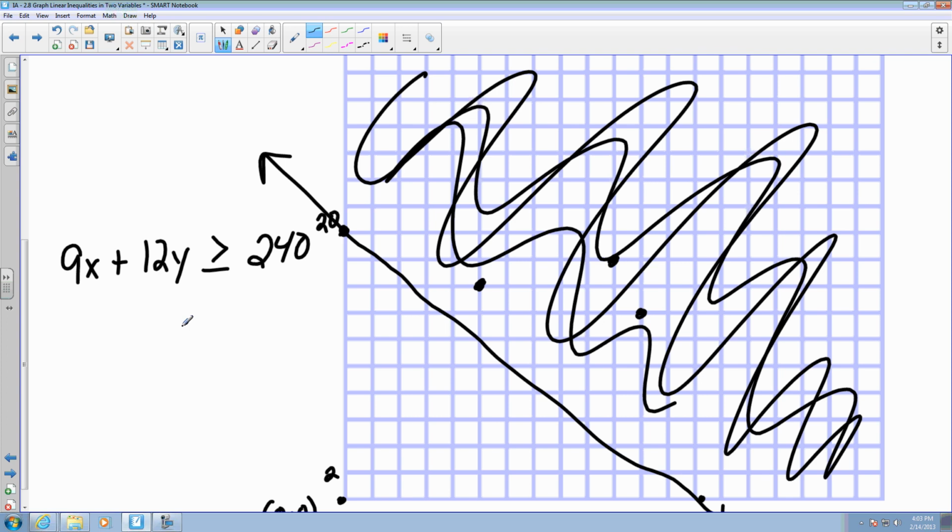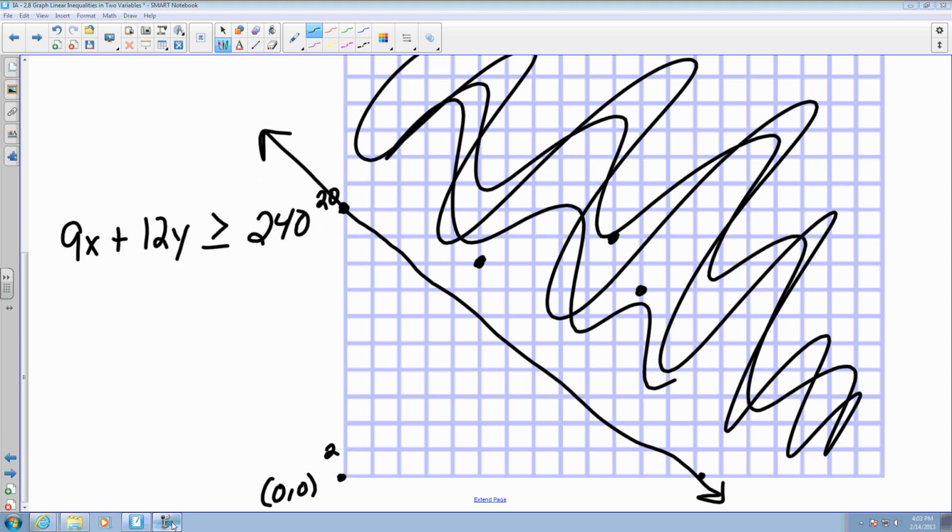The reason is that the parameters state that I have to make at least $240 a week, and I could use both jobs to help me achieve my goal. So there you go, and this is graphing linear inequalities with two variables. Hope this helps. Until next time.